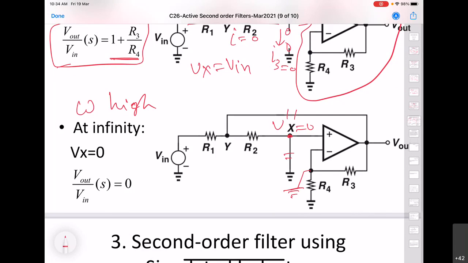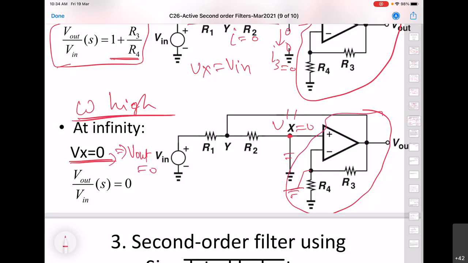This portion is fundamentally a non-inverting amplifier whose input is 0. Since Vx is 0, this implies that V out is also equal to 0. So when the frequency is very high, the output will be 0.